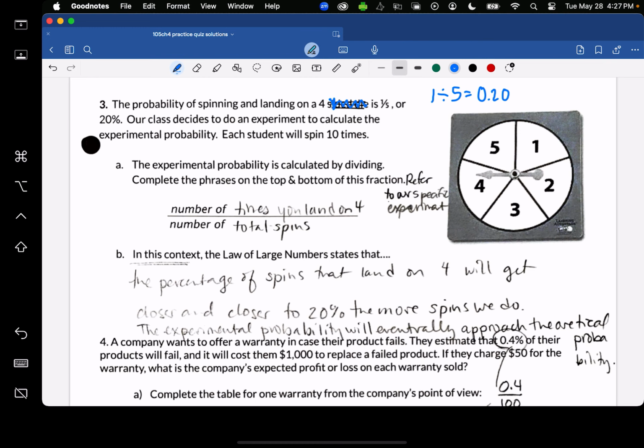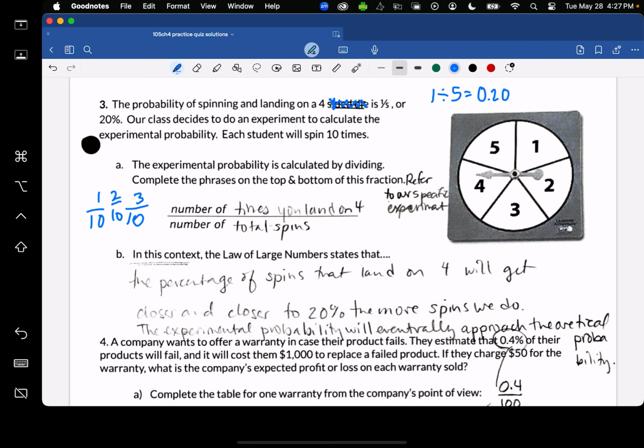How many times did you land on 4 out of the total spins? Maybe you got 3 out of 10. That is not 20%. That is 30%. But that is a possibility with an experimental probability. You might also just get 1 out of 10, or you could get 2 out of 10.